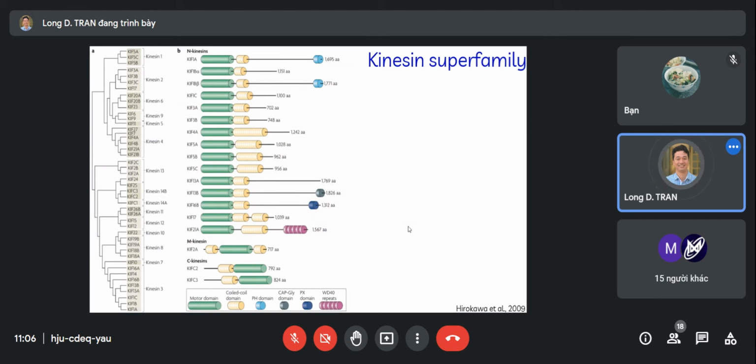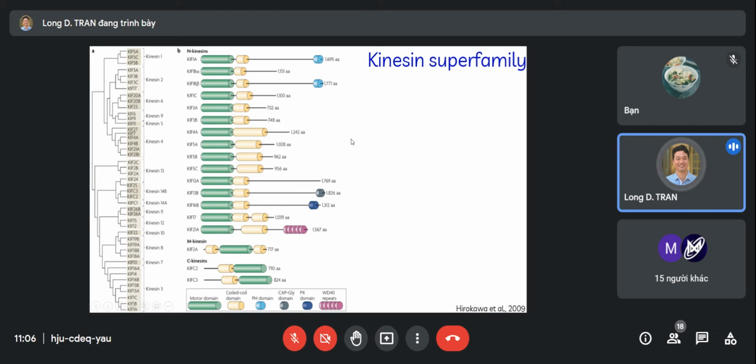So this is the kinesin superfamily. We have here kinesin 1, kinesin 2, to kinesin 14A, kinesin 14B. The naming of kinesin is quite misleading because of different naming and classification.